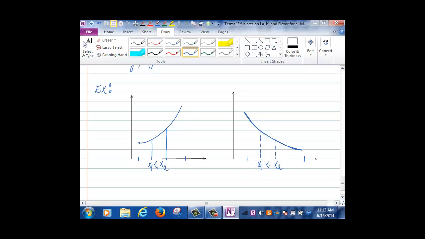Here, f of x1 is smaller than f of x2, so it's increasing; here it's decreasing. That's what we mean when we say f is increasing or decreasing on an interval.